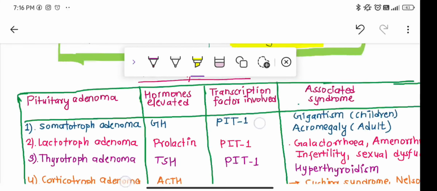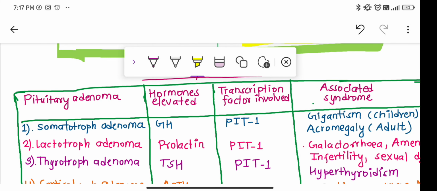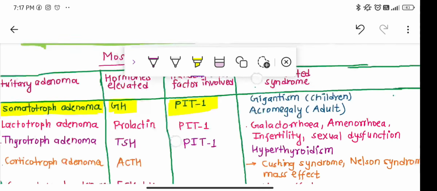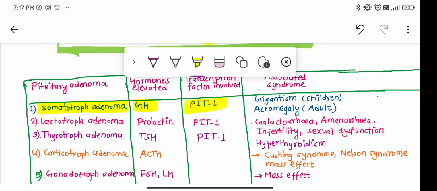First is somatotrope cell adenoma. Somatotrope means related to growth hormone. So the hormone elevated will be growth hormone, and the transcription factor, most commonly in all the tumors, is the PIT1 transcription factor. If the growth hormone is elevated in children, it will cause gigantism, and in adults it will cause acromegaly.